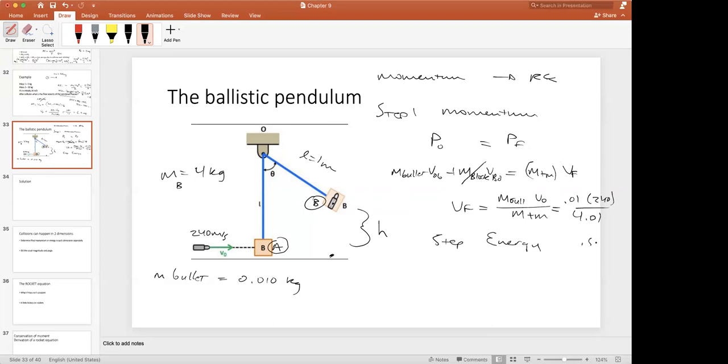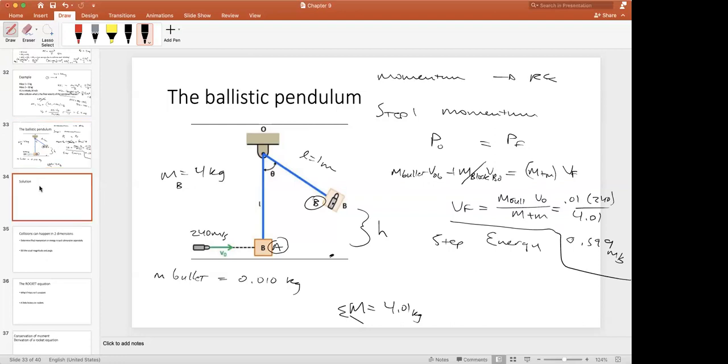So let's call it 0.599 meters per second, okay? And let's actually call this mass the total mass. The sum of the masses that I'm going to use from here on out is 4.01 kilograms, the mass of the block and the bullet together.